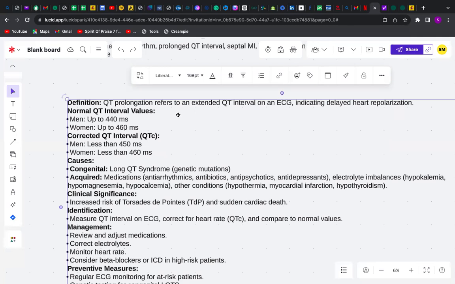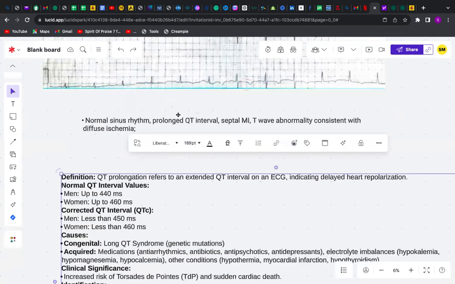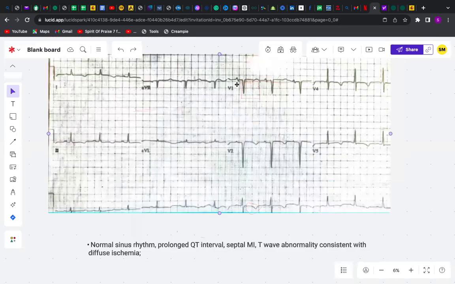the period from the start of the ventricular depolarization, which is the beginning of the QRS complex, you know what the QRS complex stands for, so from the beginning of the Q to the end of the T wave, which is the ventricular repolarization.